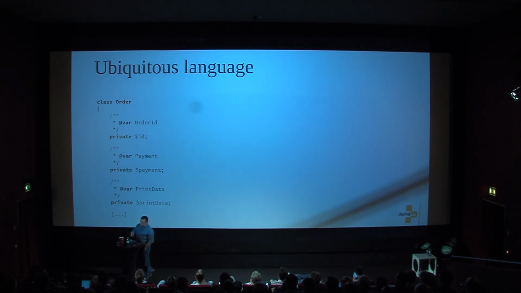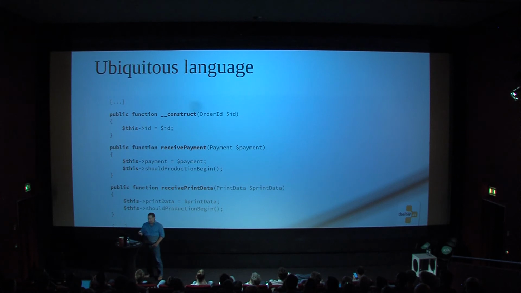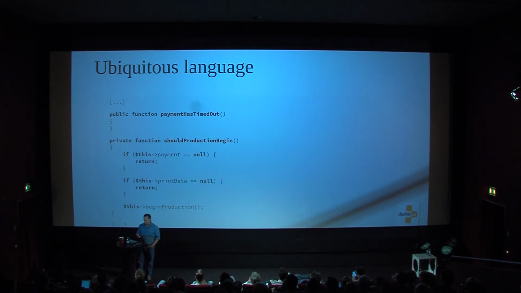We're receiving payments, and we're receiving print data, and when we have received both, we need to get printing started. So that's actually just the code that does that, and should production begin, if we have a payment and print data, then we will begin production. Okay, I think that's actually pretty readable code.